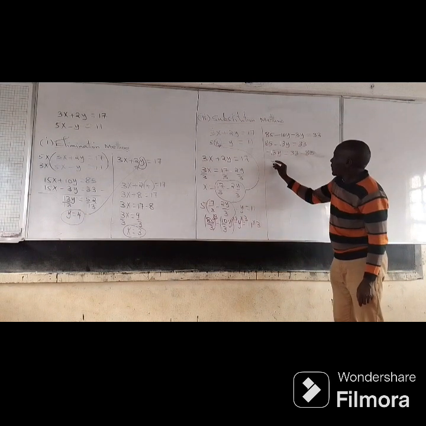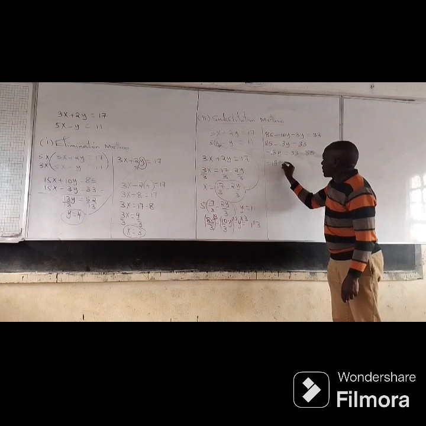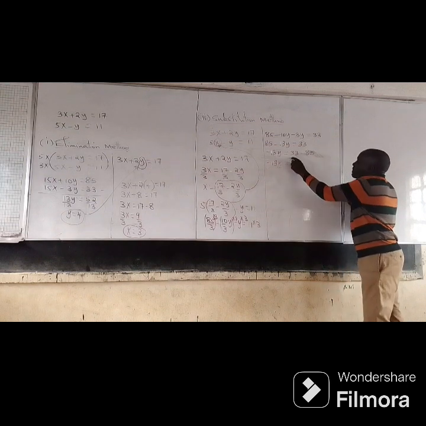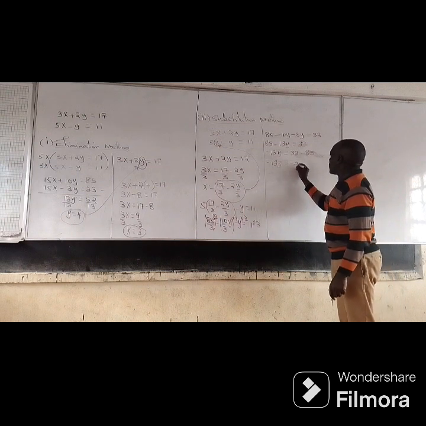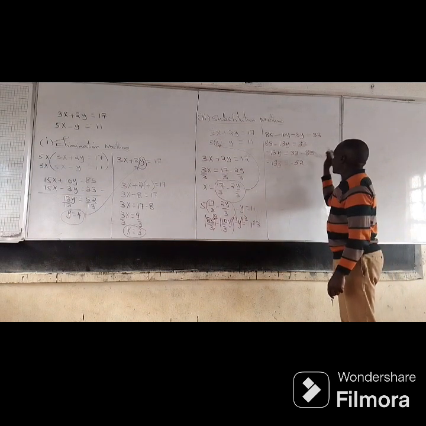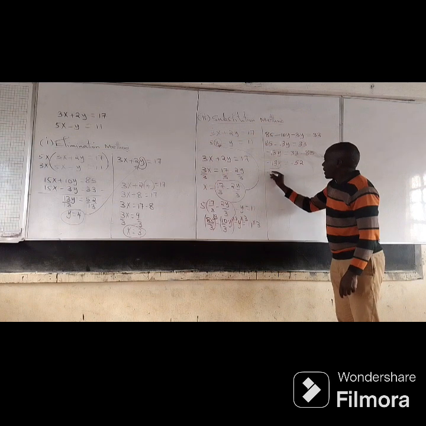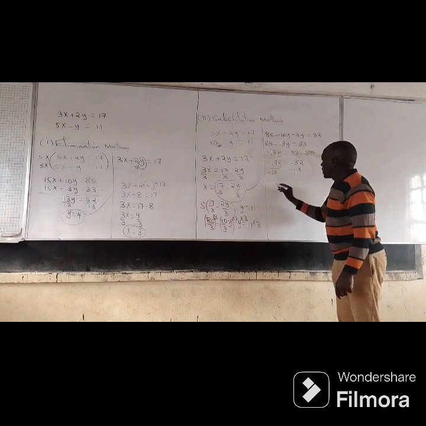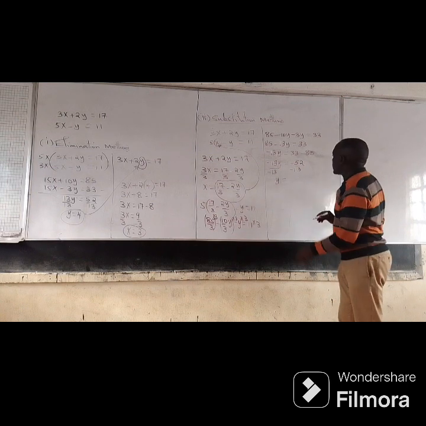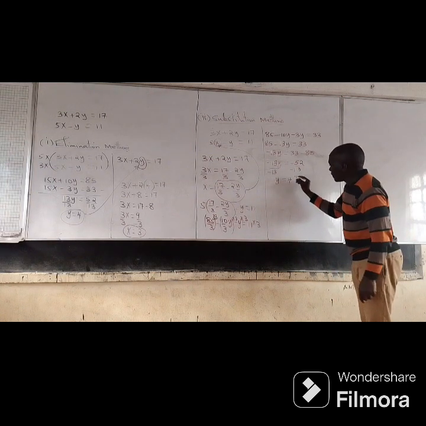And 33 minus 85 is negative 52. Then we divide by negative 13, and therefore the value of y equals 4.